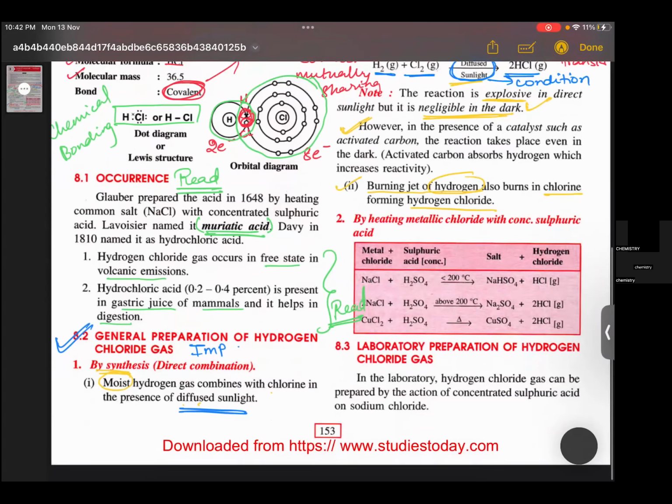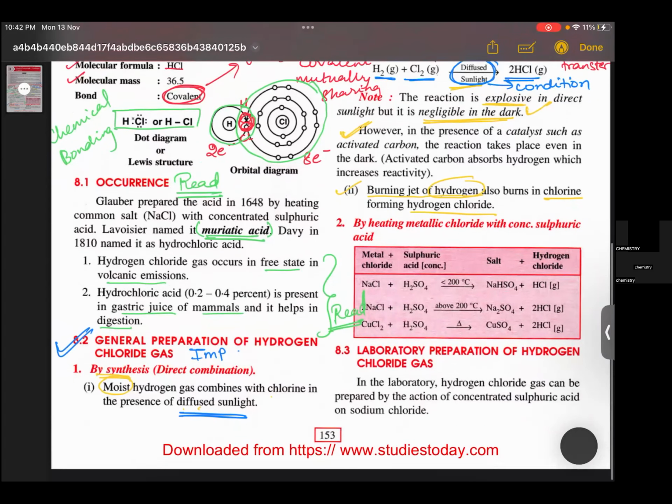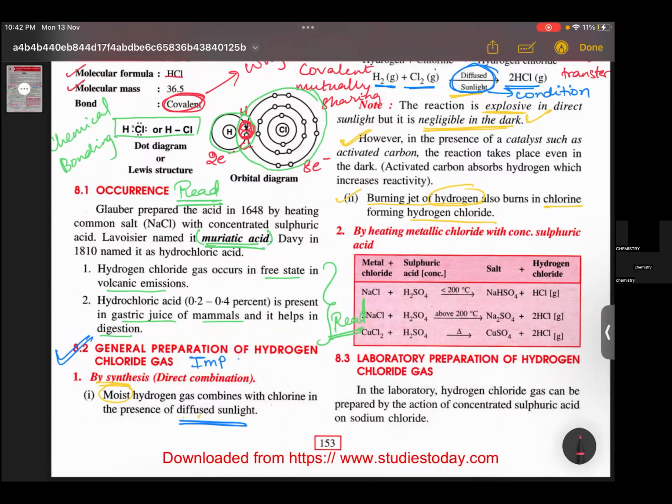Now we have our second general preparation method, that is heating of metallic chloride. So if you take a metal chloride, say NaCl, plus sulfuric acid, concentrated, you have to mention concentrated. You have to mention your condition, which is below 200 degrees Celsius, you'll get NaHSO4 plus HCl.